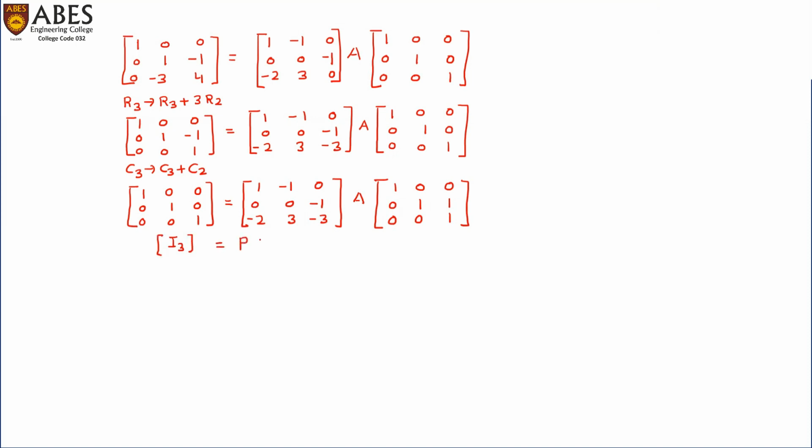This is PAQ, where P is equal to 1 minus 1, 0, 0, 0, minus 1, and minus 2, 3, minus 3, and Q is equal to 1, 0, 0, 0, 1, 1, and 0, 0, 1.